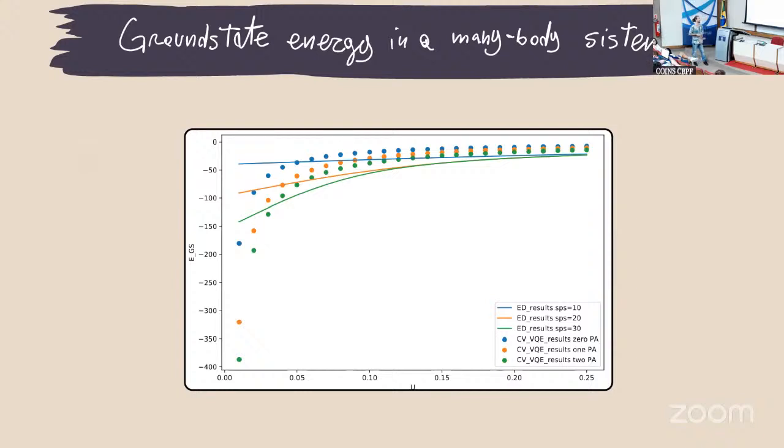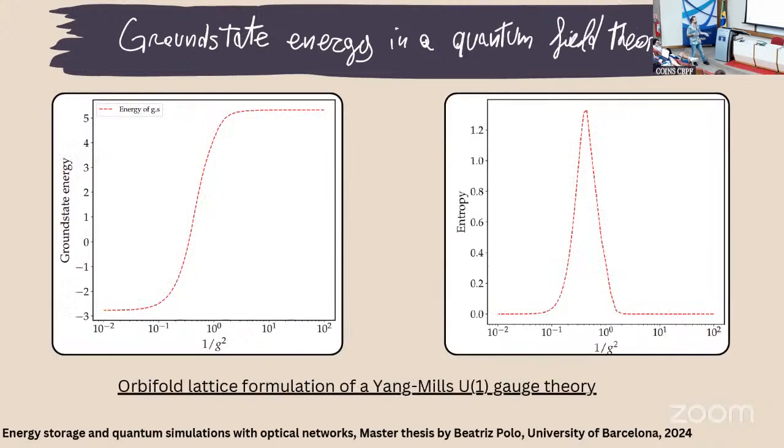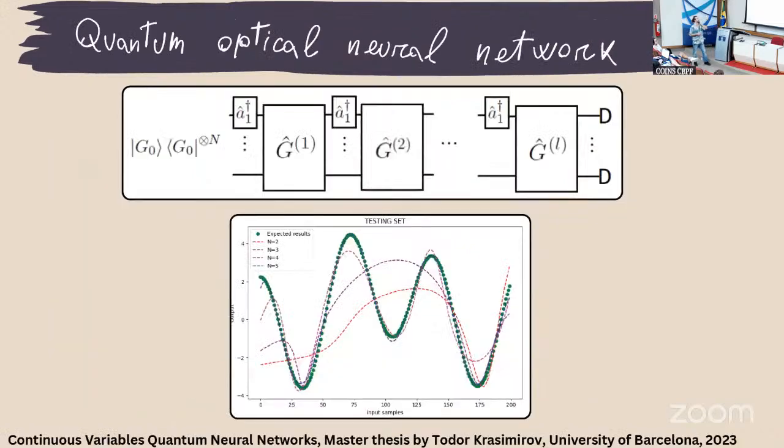We try to apply this to quantum field theory, in particular Yang-Mills theory. It was not so successful because the algorithm was not expressive enough. So we generalized this by stacking different layers of the variational system and to create some sort of quantum neural network. And we are trying to study this right now.